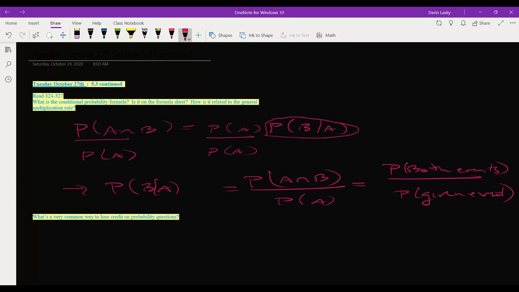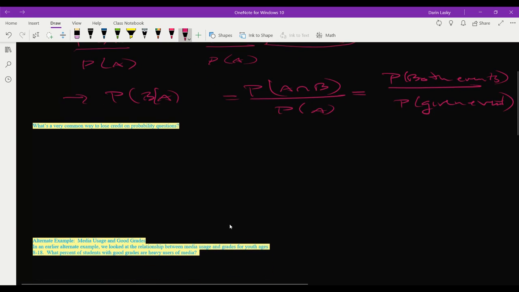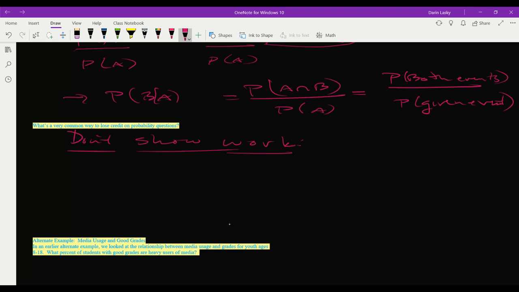If we're dealing with this, the most common way they lose credit is they don't show work. They just give an answer. So make sure you show your work.